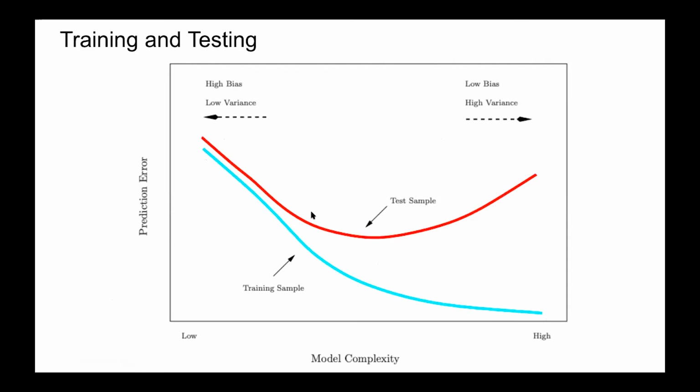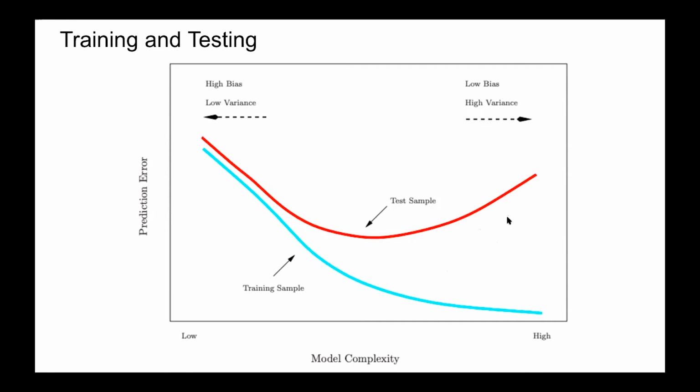The red line shows the test error dropping as you increase the model complexity, but only until a certain point, and then it increases.